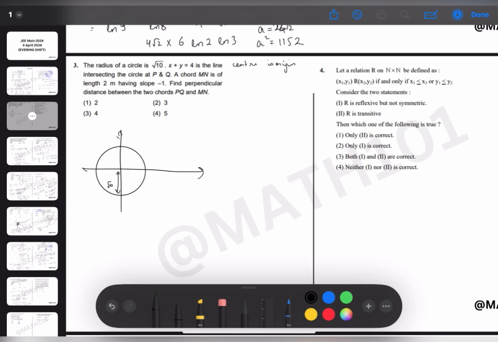So this is something like this. P and Q, chord MN of length 2 meter having slope minus 1.